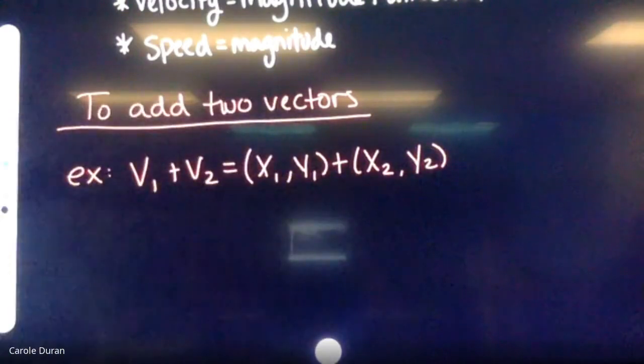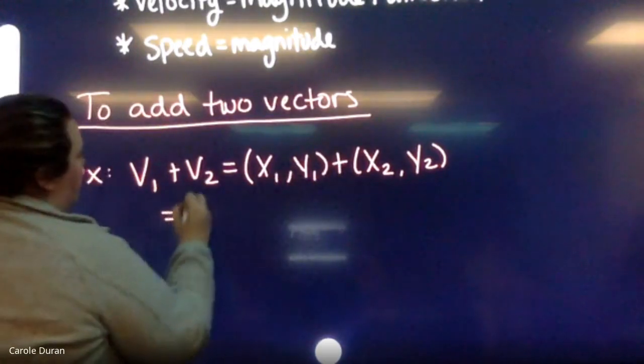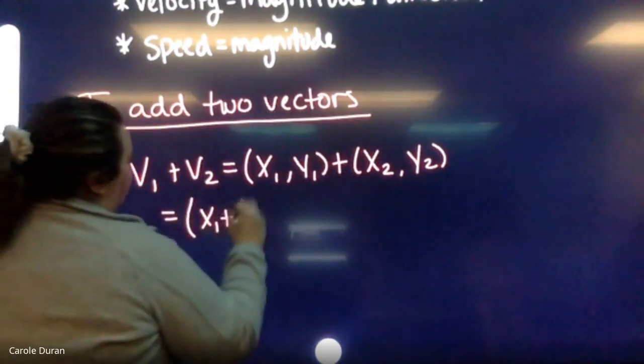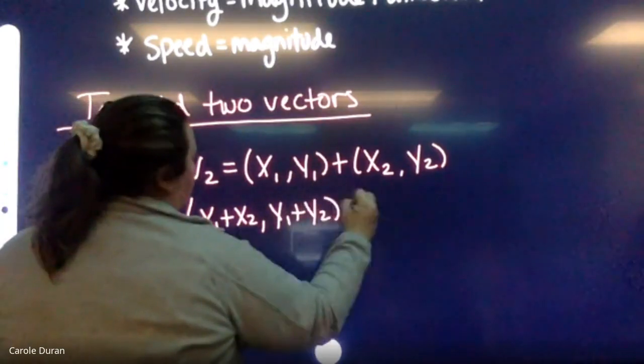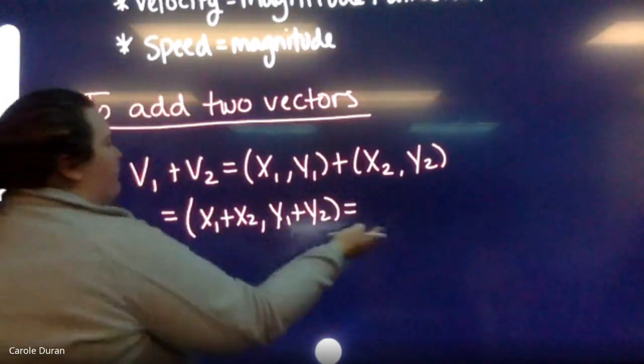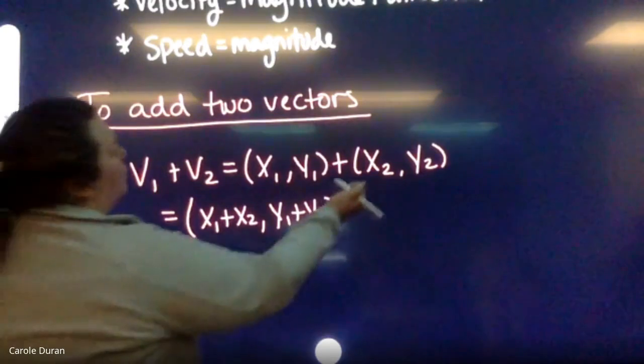When I add them together, I put the x's together and I put the y's together. So this would become x1 plus x2, comma y1 plus y2. That would give me whatever the new vector is. Yeah, this is the general rule for it.